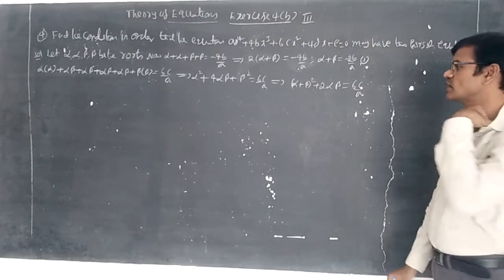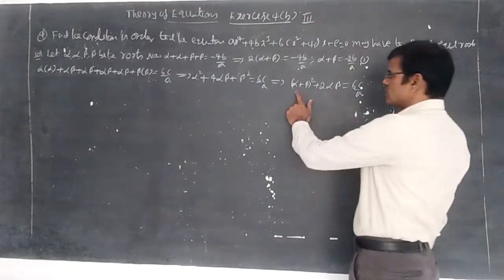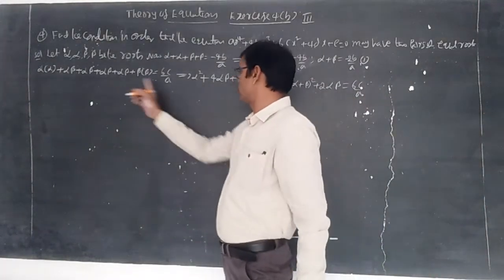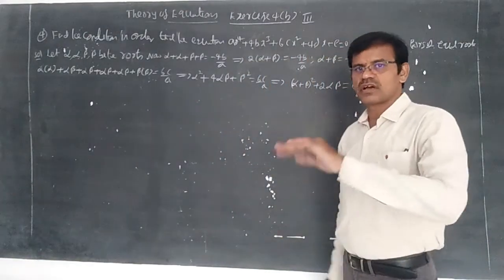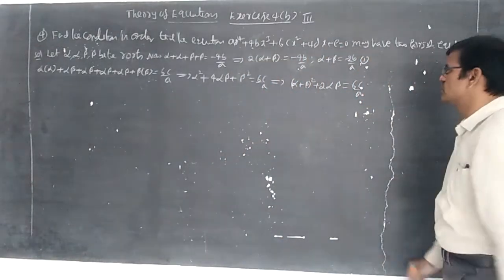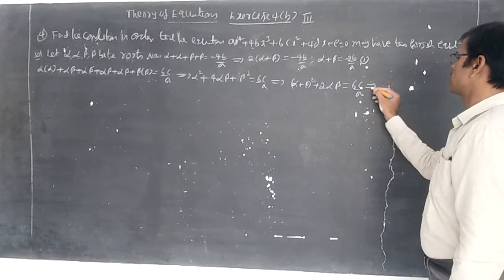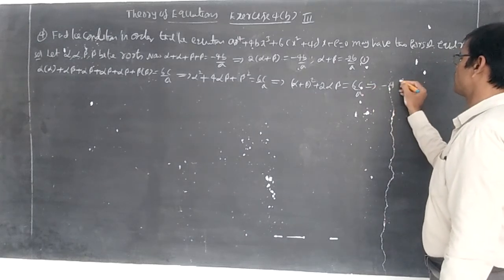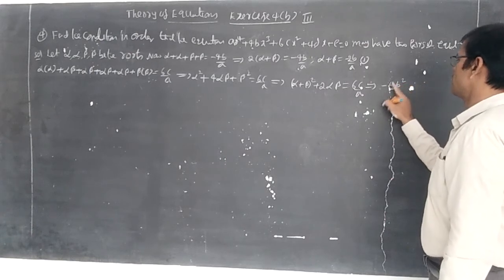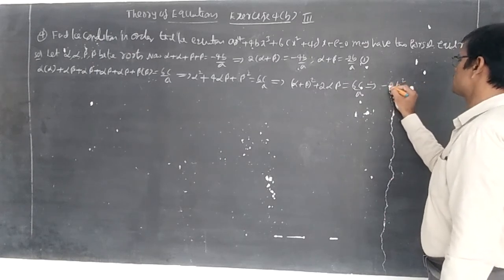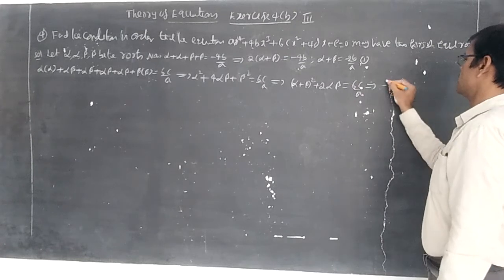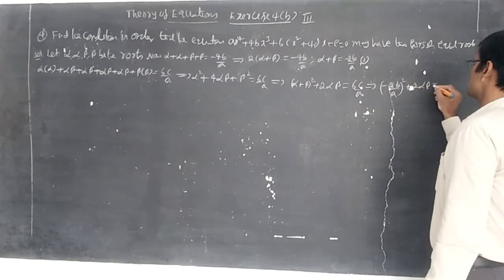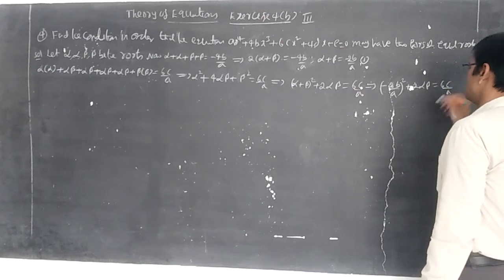Because alpha square plus beta square plus 2 alpha beta is alpha plus beta whole square, from 4 alpha beta I took 2 alpha beta inside. So instead of alpha plus beta whole square, you can write minus 2b by a whole square plus 2 alpha beta is equal to 6c by a.